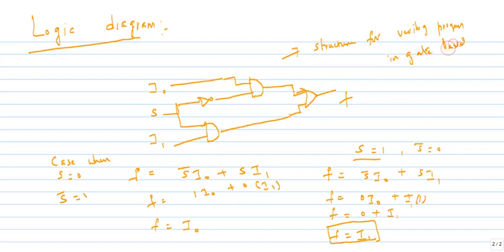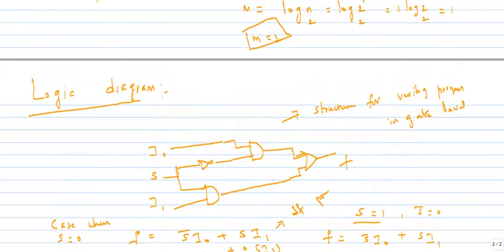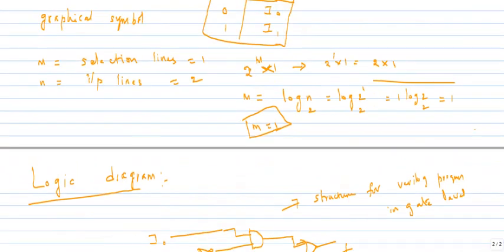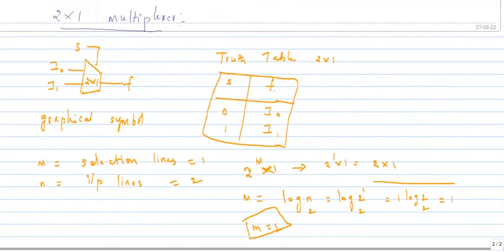This function is helpful for dataflow, the dataflow program. And this truth table is enough for the behavioral model. So with the help of this we can write the program in the behavioral model. So this is nothing but the 2 by 1 multiplexer.